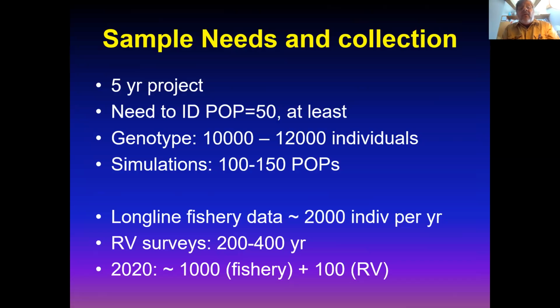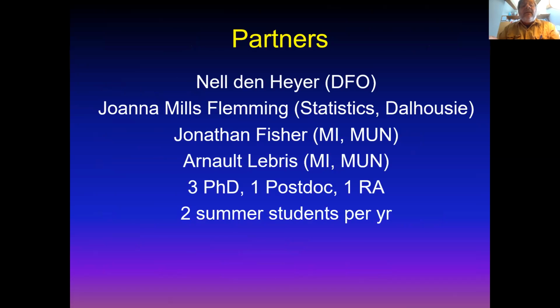So our goal is to collect 2,000 individuals per year over the 5-year period, maybe some years more, maybe some years less, and a few hundred through the RV service. And this summer we were able to collect 1,000 or 1,100 fish tissue samples, which are in my lab, waiting to be genotyped.